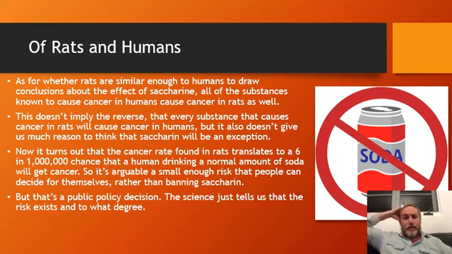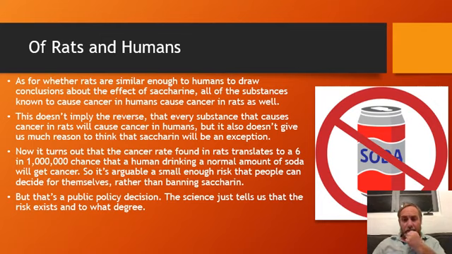And as for whether rats are similar enough to humans to draw conclusions about the effects of saccharin, so far, all the substances that we have found to cause cancer in humans also cause cancer in rats. Of course, that's different from the claim that every substance that causes cancer in rats would cause cancer in humans, which would be the inference you would want if you wanted to apply this study to humans.